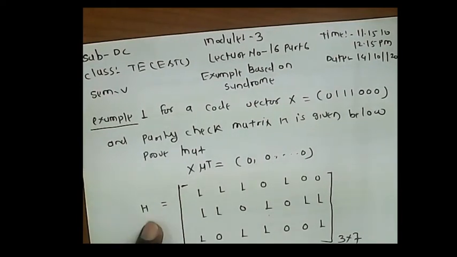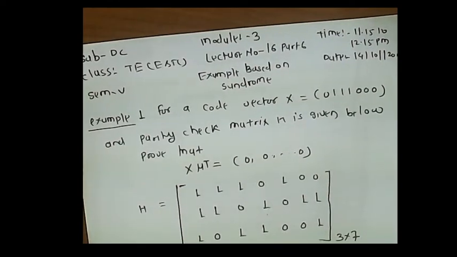So here the parity check matrix of dimension 3 by 7 is given. First, we obtain the transpose of the parity check matrix from the given one.